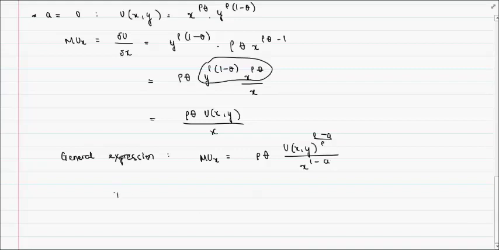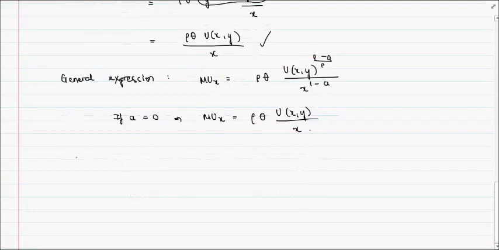Okay, and if a equal to 0, then this marginal utility of x is just going to be equal to rho theta. Now if a equal to 0, then this becomes utility of x and y power rho divided by rho, which is 1. Okay, and x to the power 1 minus 0, which is going to be x, and this is just exactly the same as the expression we got over here when we differentiate our utility function here. Okay, so that is just right.